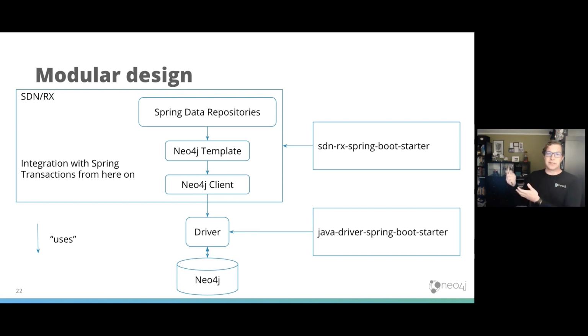And using this are the so-called repositories. You will see it in a bit in an example. If you have a repository, it will use the template and only the template. This template will use the client and only the client to then use the driver to access the database.